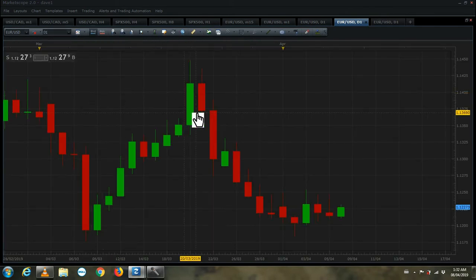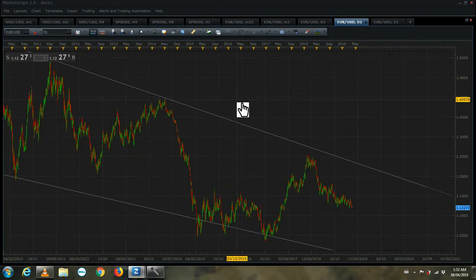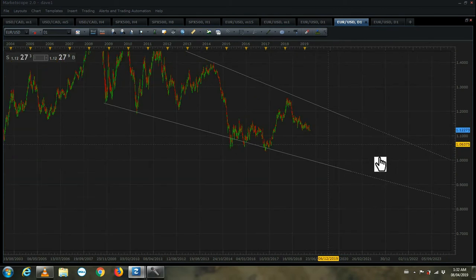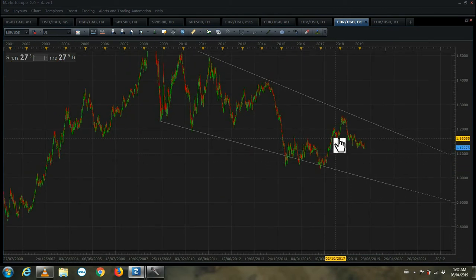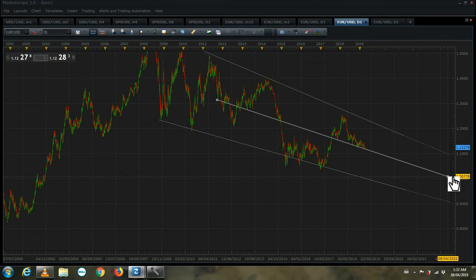Now, on the daily, you gotta scroll in a little bit more. So I just drew a graph on the monthly, and this is what it looks like on the daily. Now this doesn't give me a whole lot of data. So I'm going to draw another line, because there are areas of support in here.